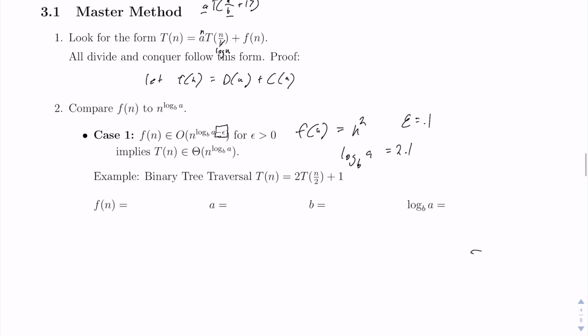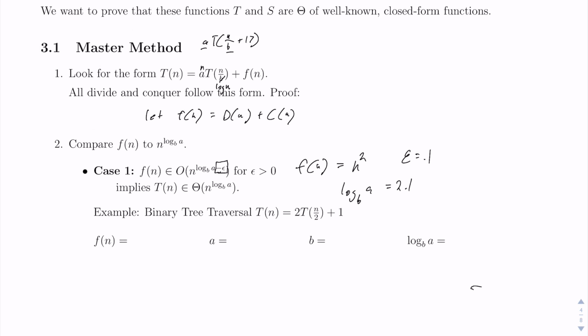You guys are going to help me out because it's pretty easy. Our recurrence relation is T of n equals 2T of n over 2 plus 1. We're using this as our template. So what's f of n going to be? Right, 1. Our a is going to be what? Good. Our b? And log to the base b of a, so log to the base 2 of 2.